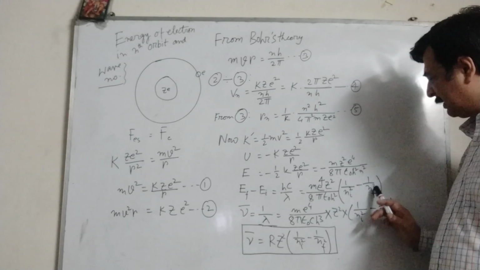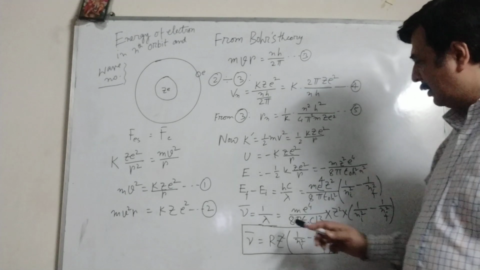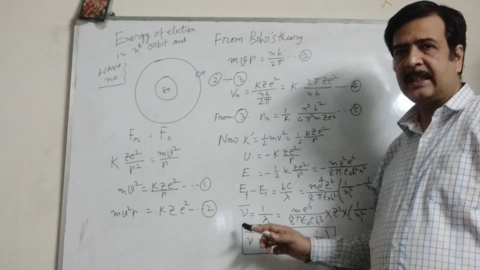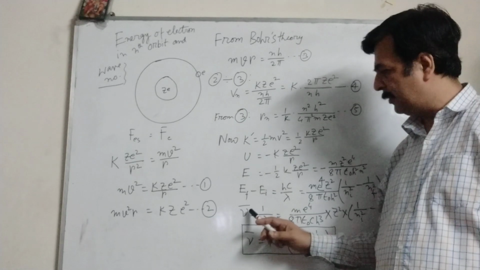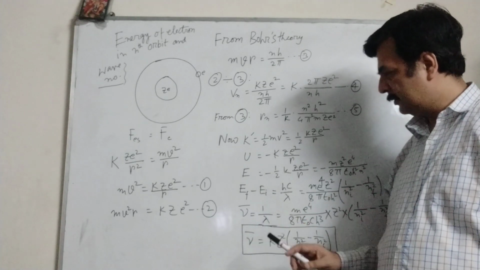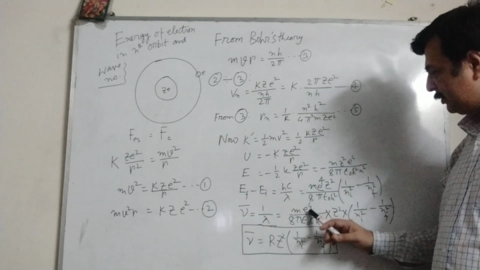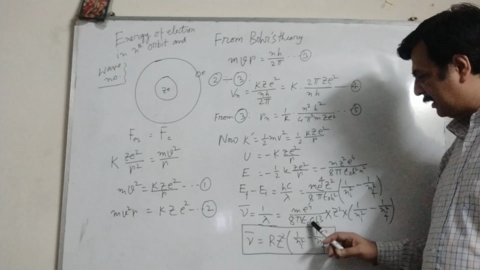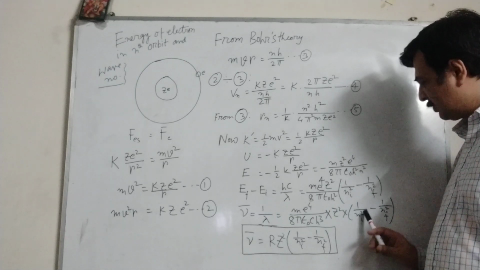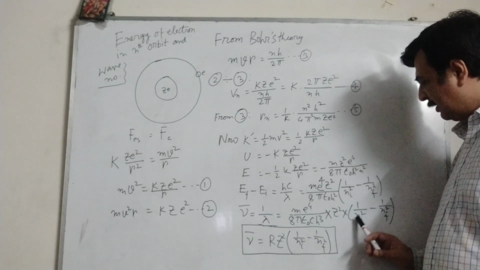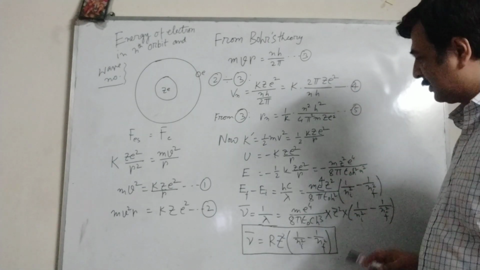Now nu bar is called the wave number. What is the definition of wave number? It is 1 by lambda, 1 by wavelength. The value is m e to the power 4 by 8 pi epsilon naught squared c h cubed into Z squared into 1 by ni squared minus 1 by nf squared, where ni is the initial orbit and nf is the final orbit where it is going afterwards.